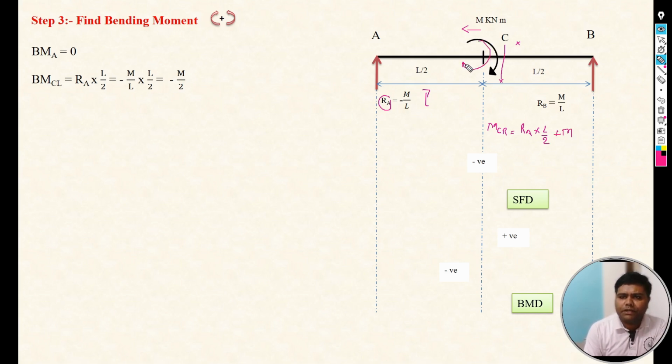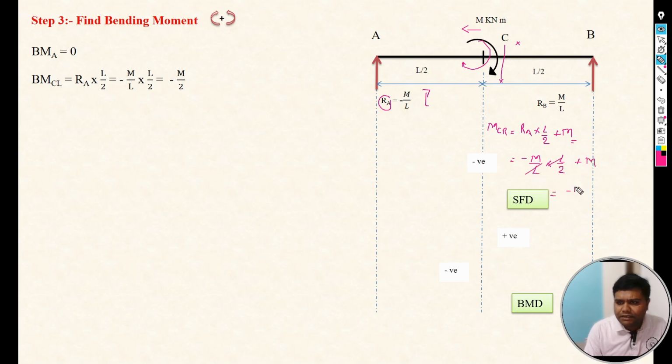It is clockwise, so it is again M, but there is no need to consider a perpendicular distance because it is already M. RA we have already calculated. What is RA? RA is minus M by L, so minus M by L into L by 2 plus M. Here L gets cancelled.